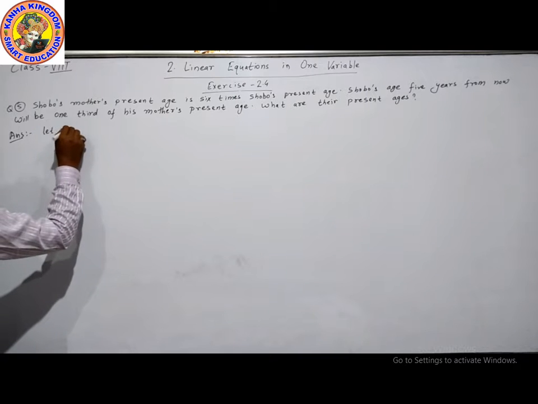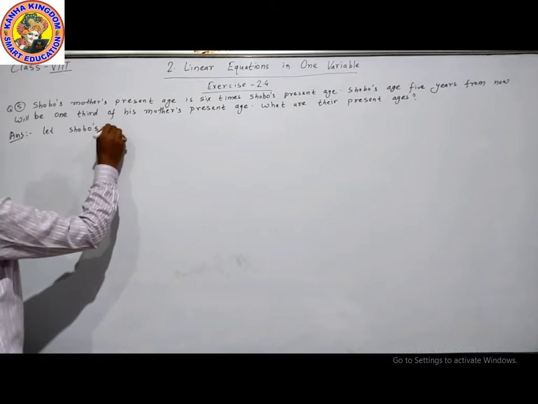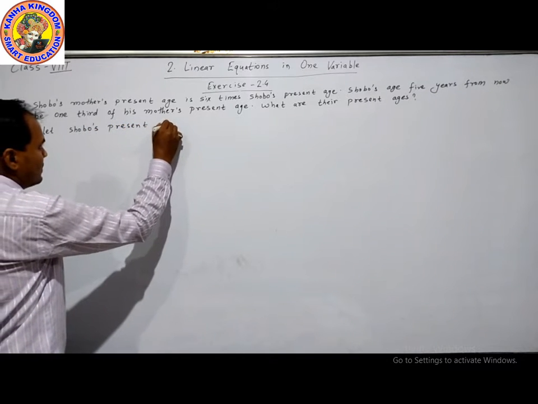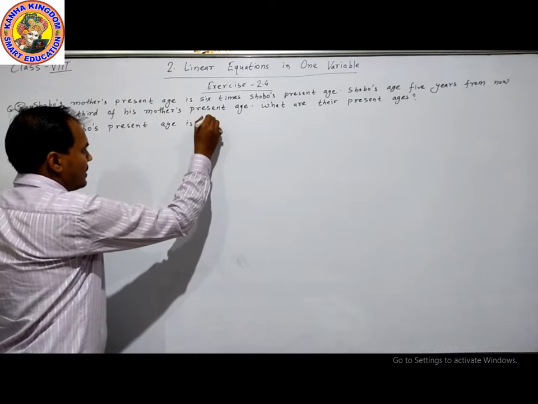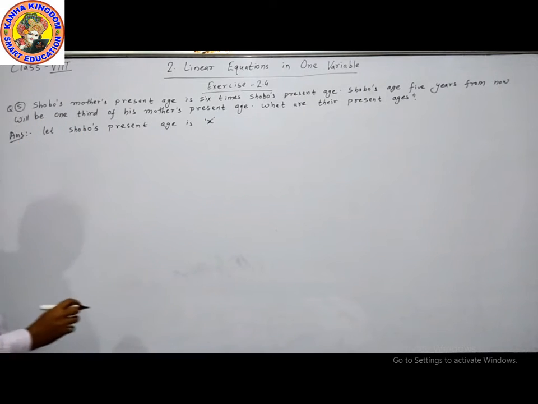Let Sobo's present age be x. Suppose present age is x.